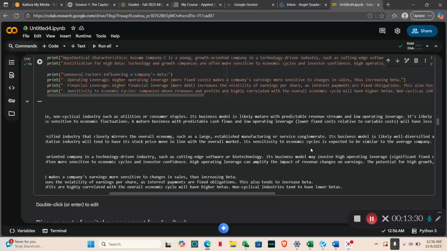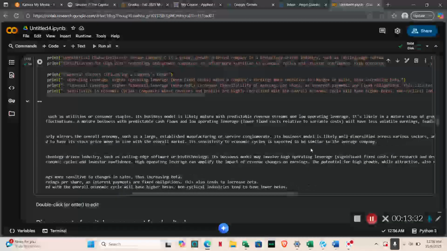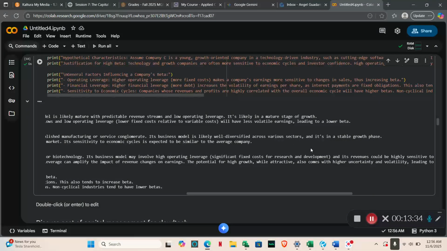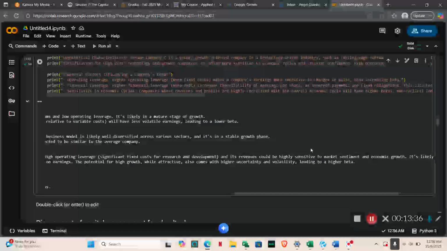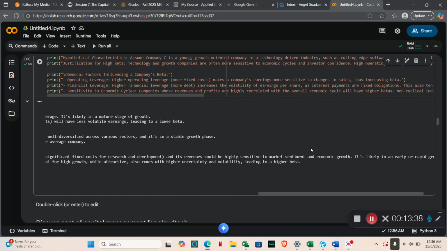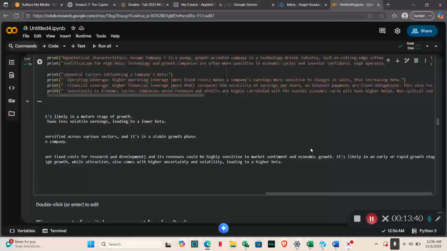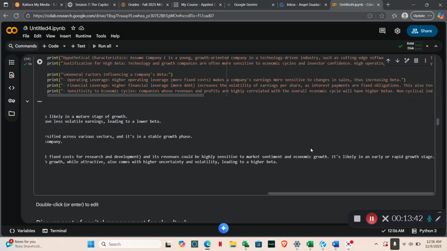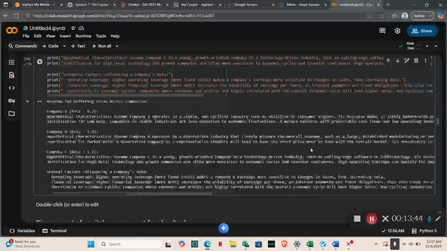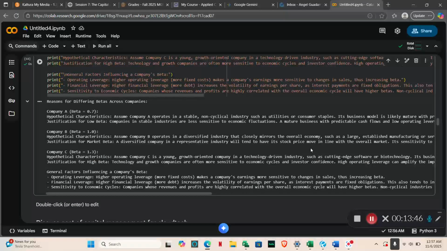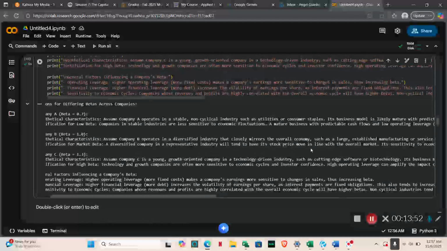Its business model may involve high operating leverage, significant fixed costs for research and development, and its revenues could be highly sensitive to market sentiment and economic growth. It's likely in an early rapid growth stage. The justification for this: technology and growth companies are often more sensitive to economic cycles and investor confidence.